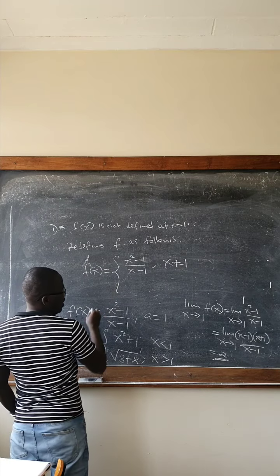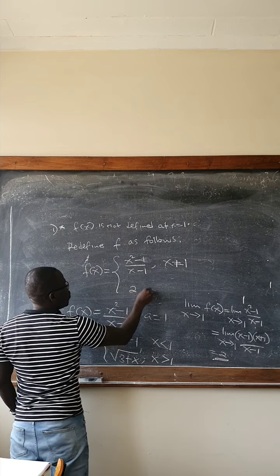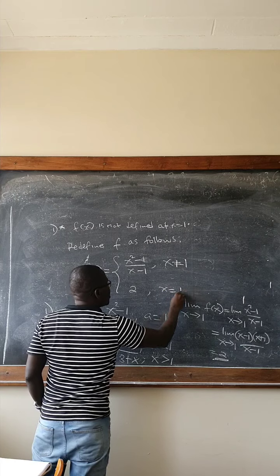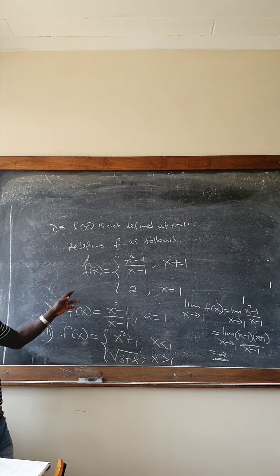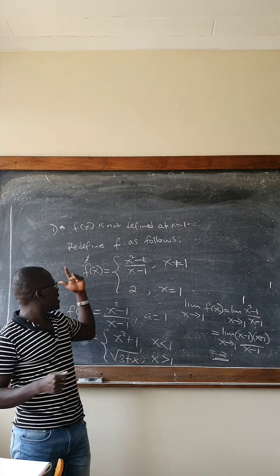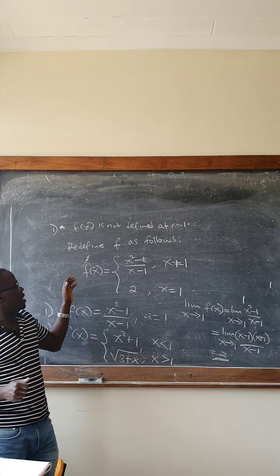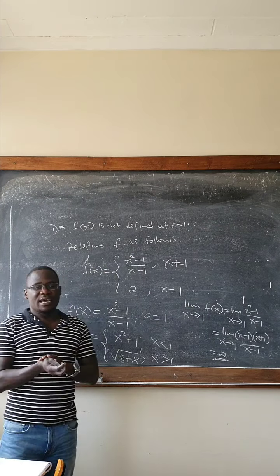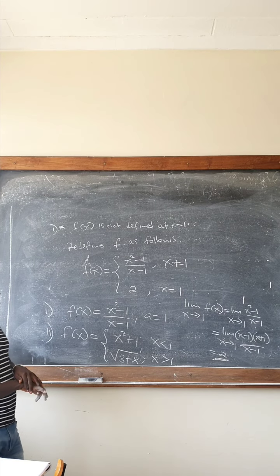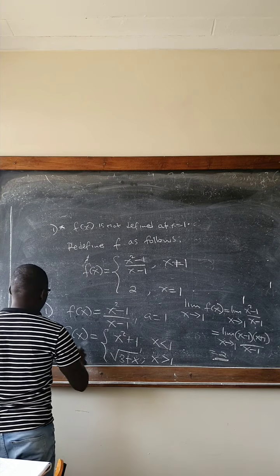And then you say it is 2 for x equals to 1. So if you redefine it like this, let the function take up the value of the limit at the point, then this makes the function continuous at the given point.